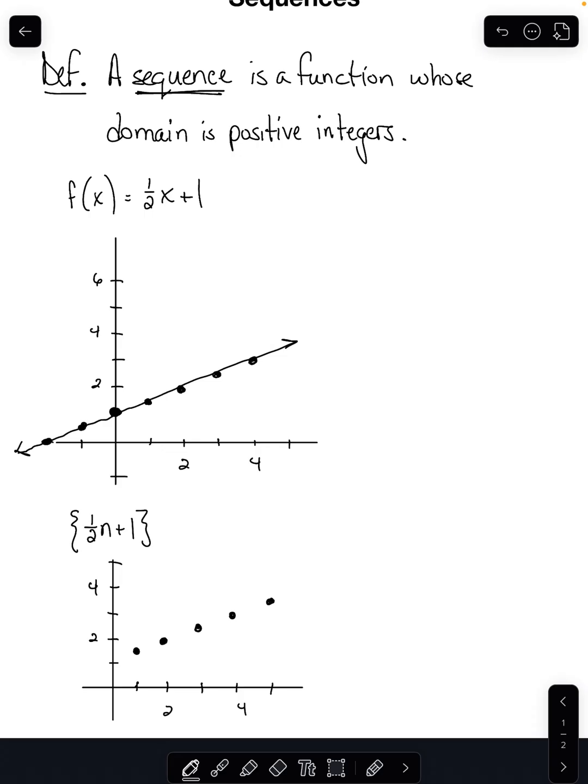The point is that these dots in the continuous function are some solution points, and by using some solution points, we are able to fill in all the rest of the solution points in between them. We don't do that here because there are no solution points in between these. These are the input and output pairs, and they're the only input and output pairs.